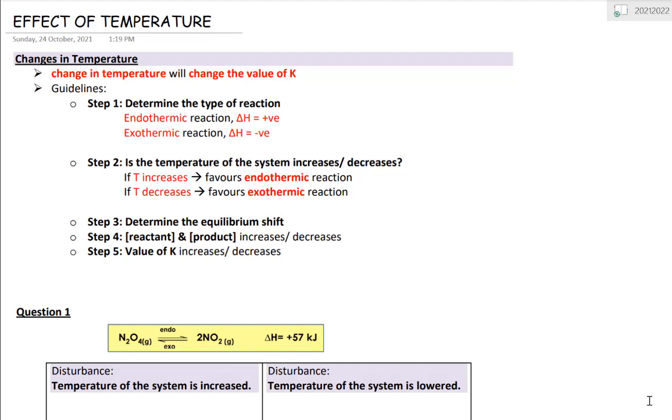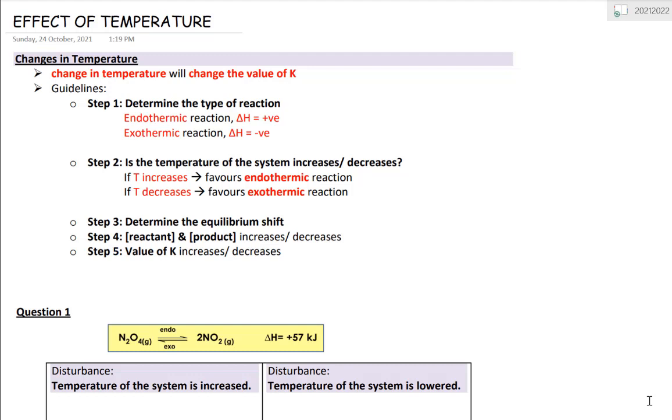So when a system is subject to change, when there is a disturbance, your system will respond or adjust to reduce the effects of the disturbance. So we want to see, if I change the temperature, what happens to the system equilibrium.